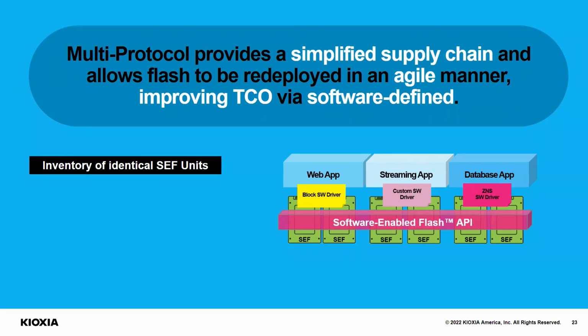Things like a standard block device, make it look like an old hard drive, but really fast, zone namespace, customized flash translation lists, they're all possible. And as new applications appear or your workload balance changes, you can redeploy existing flash to a new protocol for a new application with new software. That's software defined. That's the power of software defined.